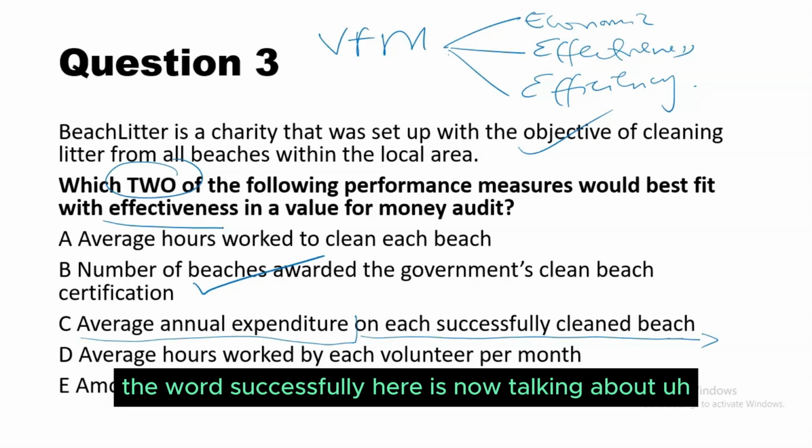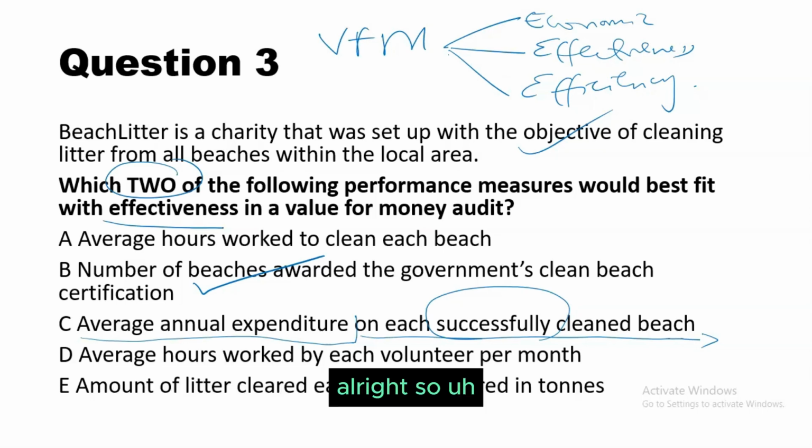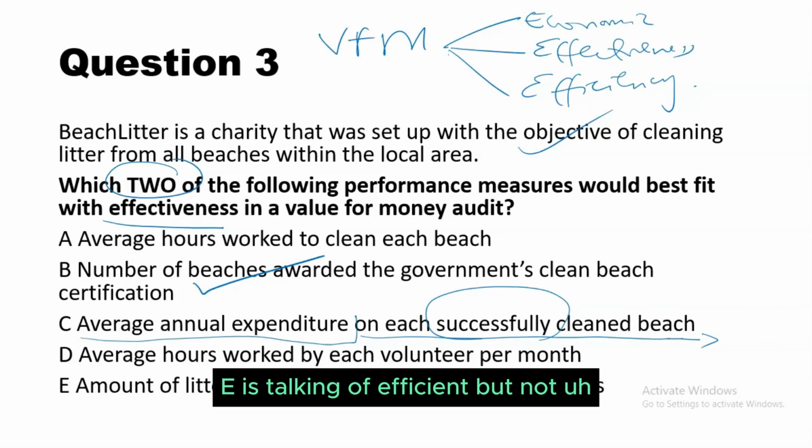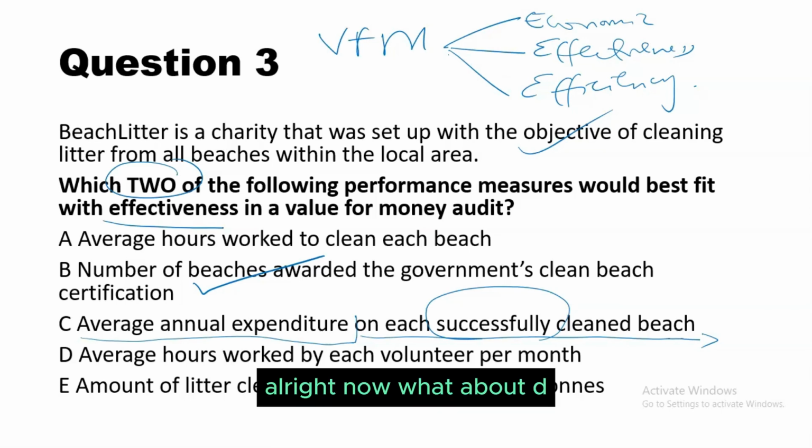Yes, the word successfully here is now talking about the operational efficiency. Okay, the operational efficiency. All right, so we can actually say C is talking of efficiency, but not the product itself. All right, now what about D?